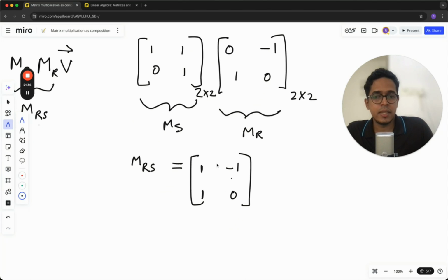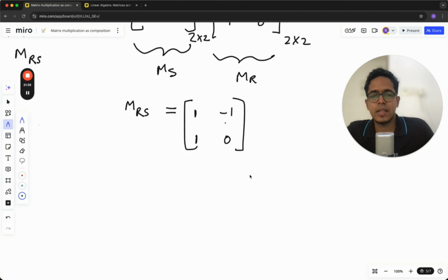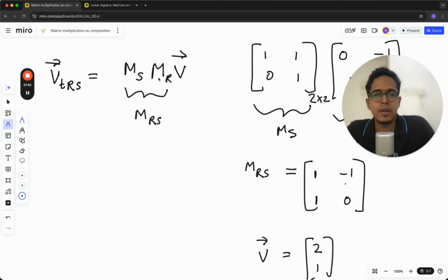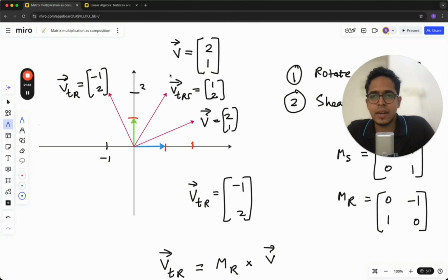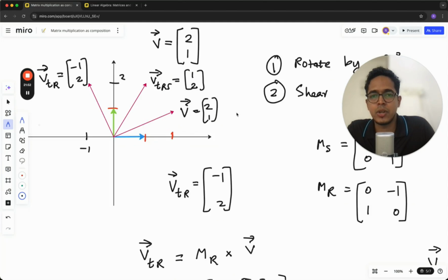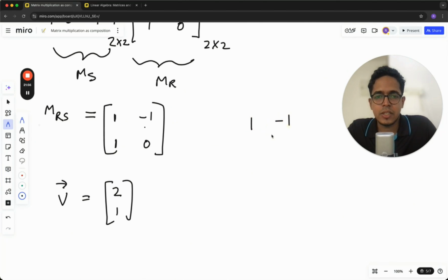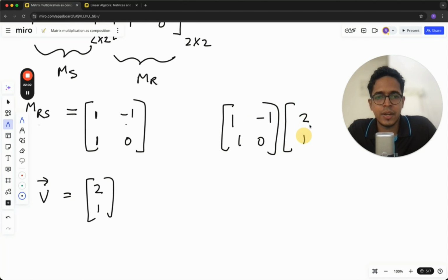But my question is, if we multiply the original vector v, which was actually 2, 1, by this composite matrix, will we get this vector as the output? Because the final vector after rotation and shear was 1, 2. We can test that. The matrix 1, -1, 1, 0 is multiplying with the vector v, 2, 1.